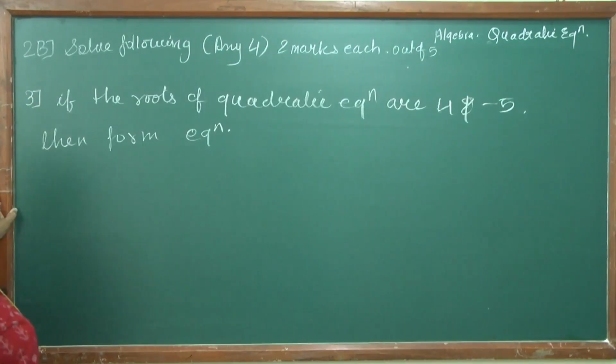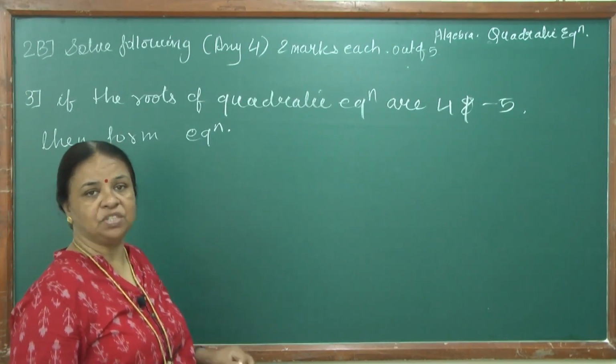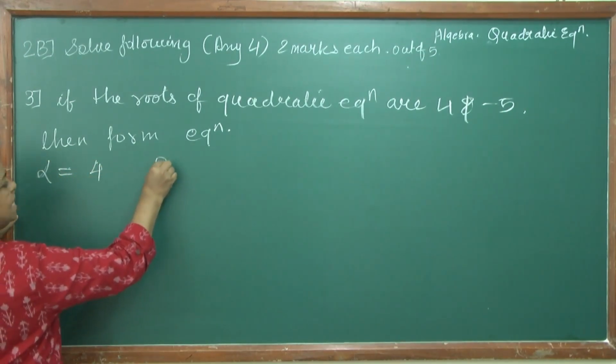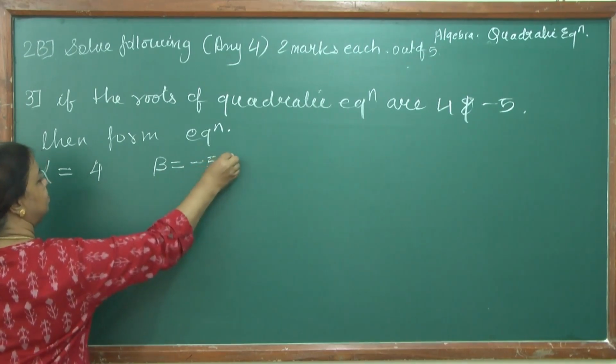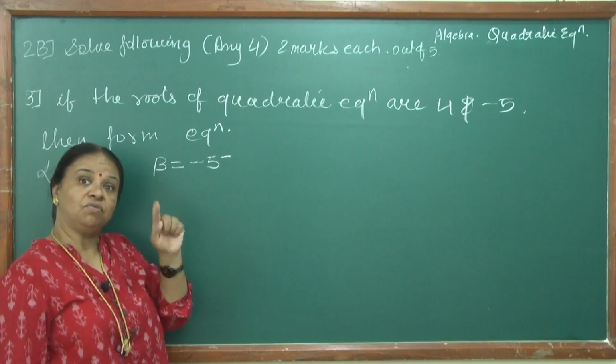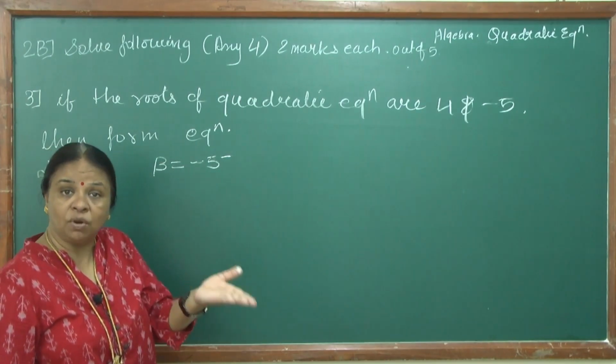Third question. If the root of the quadratic equation are 4 and minus 5, then form the quadratic equation. So root means what? Alpha is equal to 4 and beta is equal to minus 5. With this we have to form the quadratic equation. When alpha and beta value is given, how can we form the quadratic equation?